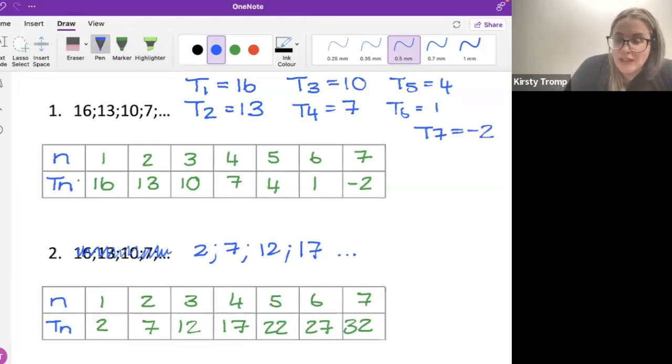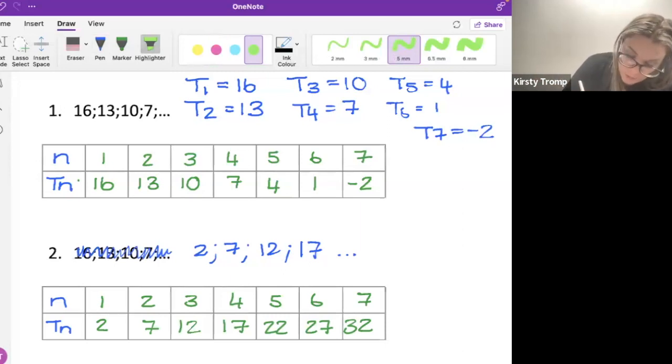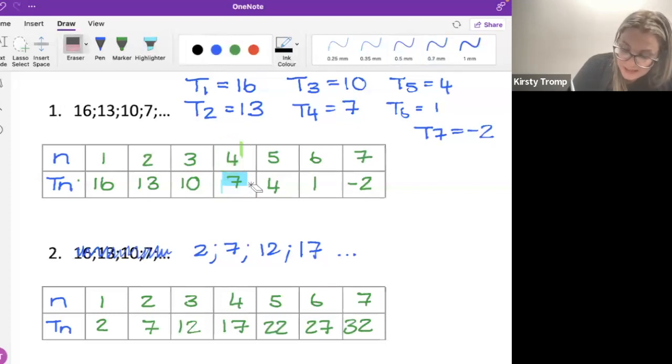So for each of these, I can ask everybody, what is the term? So what is T4? You go to where the number 4 is, term 4, and you can tell me term 4 is the number 7. All right, so it's very useful to know the language of maths to be able to answer these questions.